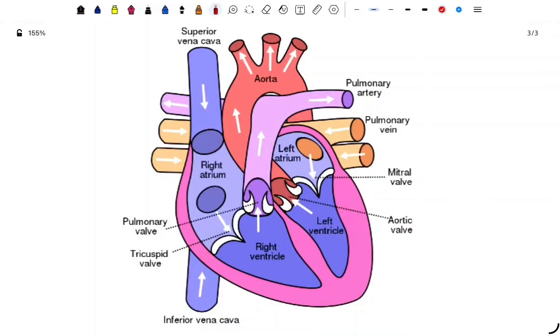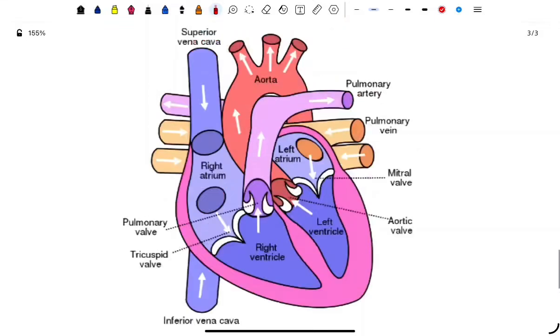When the right atrium is filled with carbon dioxide-rich blood, it passes into the right ventricle through the tricuspid valve. Why tricuspid valve? This is the gateway which has three cusps, so it is called the tricuspid valve.